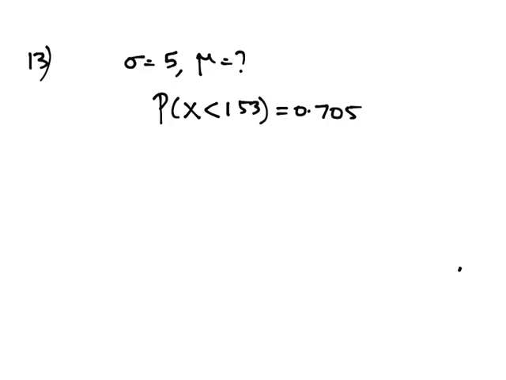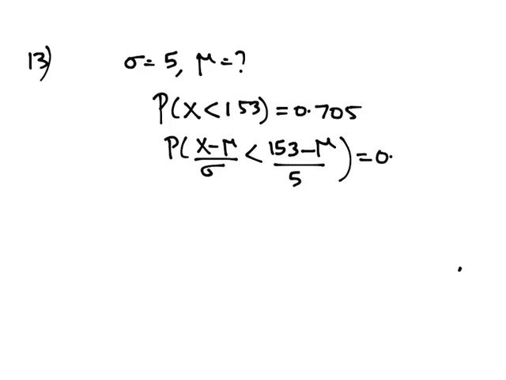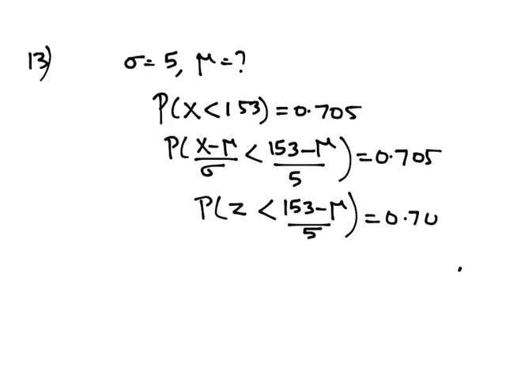Calculate the mean height of the boys. So how do you do it? Obviously you have to convert this into z. So p of x minus mu by sigma is less than 153 minus mu by 5 equal to 0.705. That means p of z less than 153 minus mu by 5 equal to 0.705.